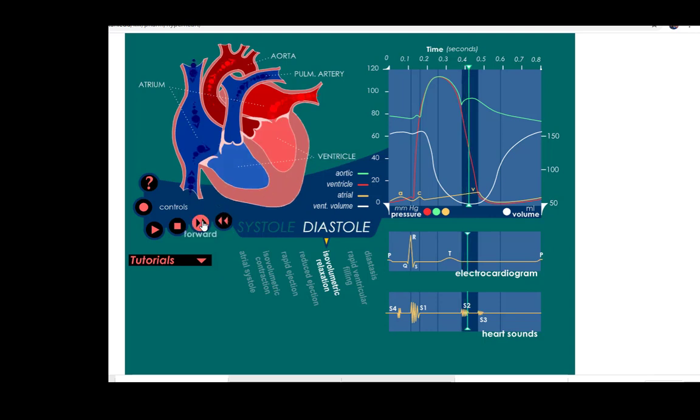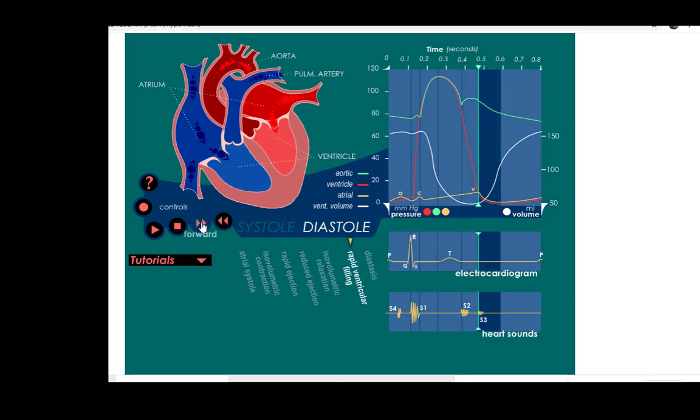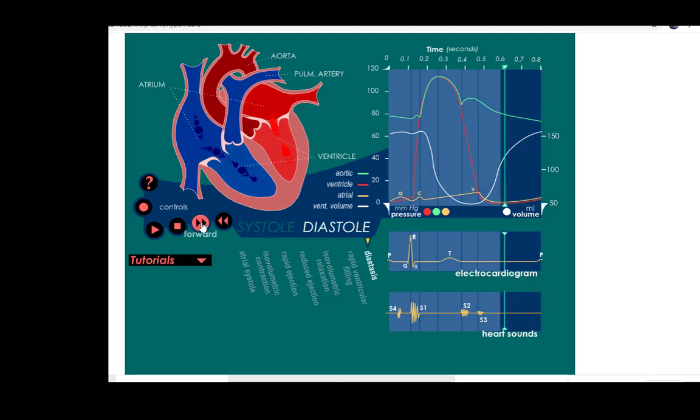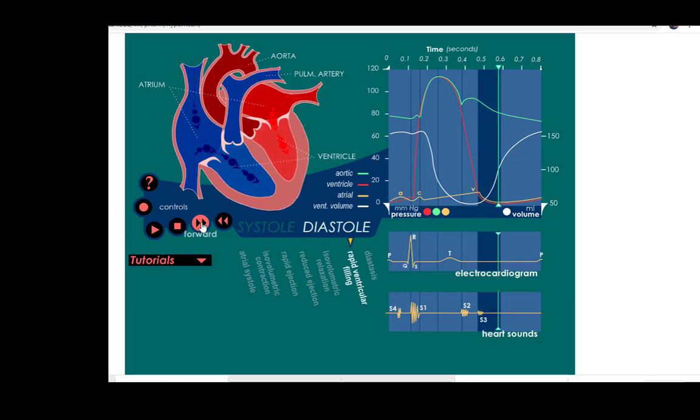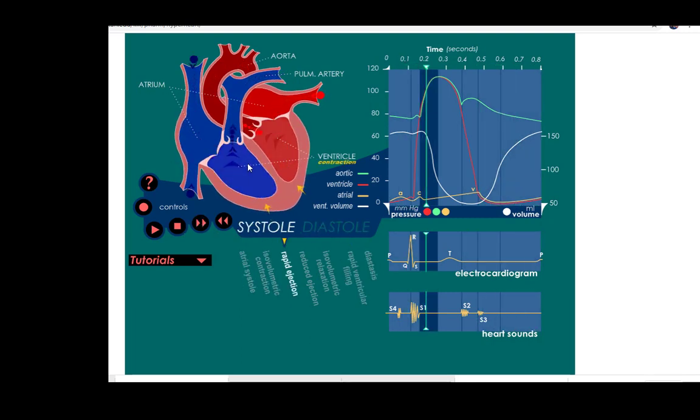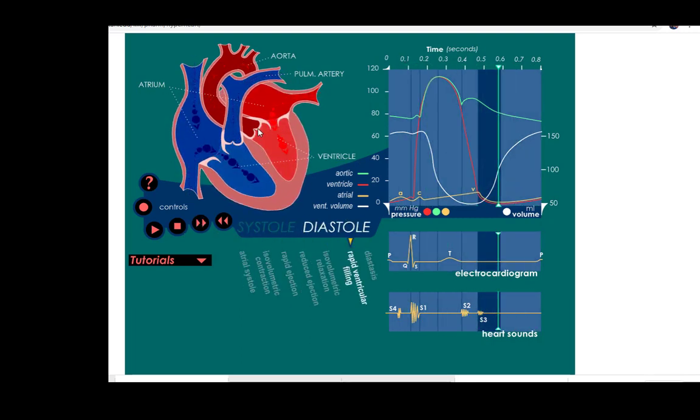We can see as it relaxes, those AV valves open up, and we're ready for another cycle of contraction. So we have rapid ventricular filling, followed by atrial contraction and finishing up of the filling, and then the ejection of the heart through the pulmonary and aortic valves as blood flows away from the heart.